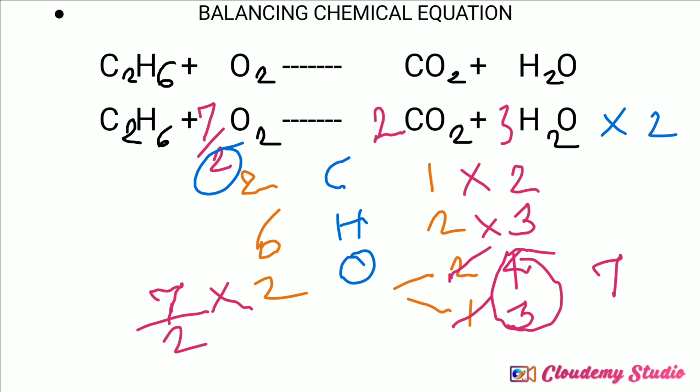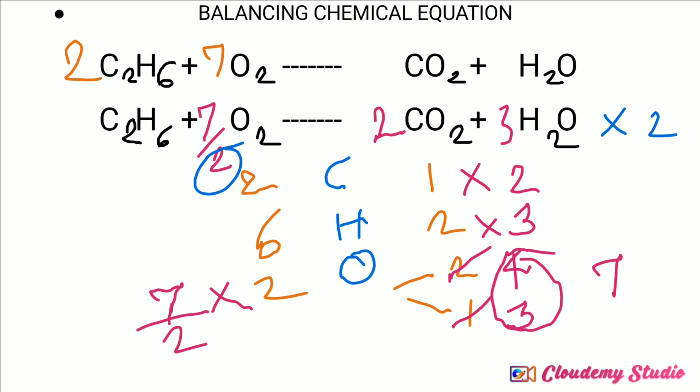So when we multiply, this is C2H6 only one time. Now it has to be multiplied by 2 times. Therefore, this will be 2 times. So 2 moles of C2H6. Then oxygen. When we multiply this 7 by 2 into 2, 2 will be cancelled. So the answer will be 7.